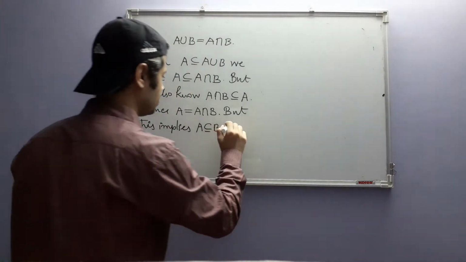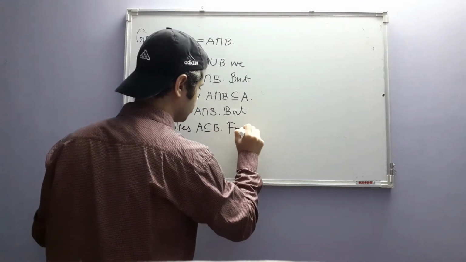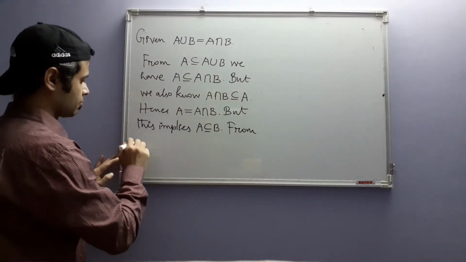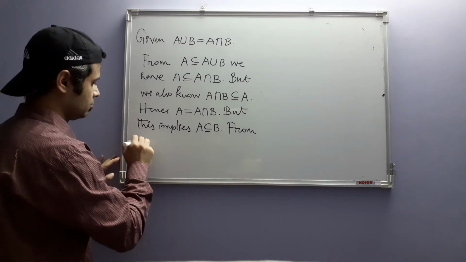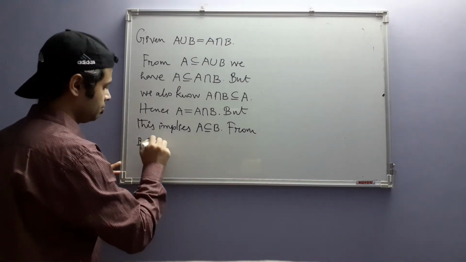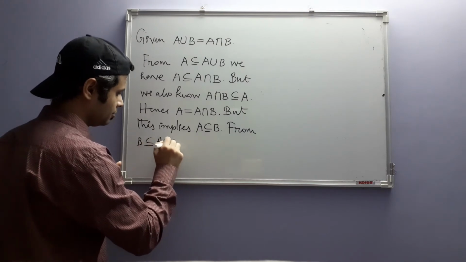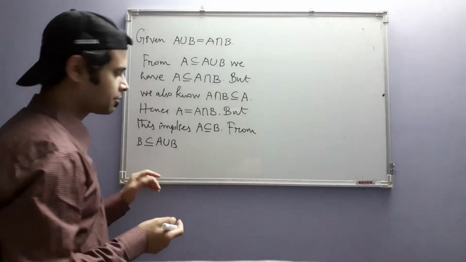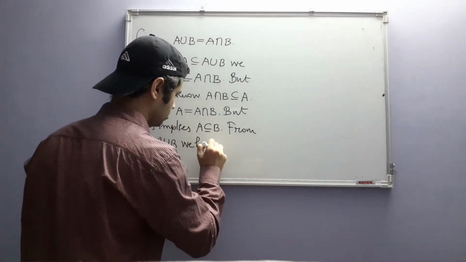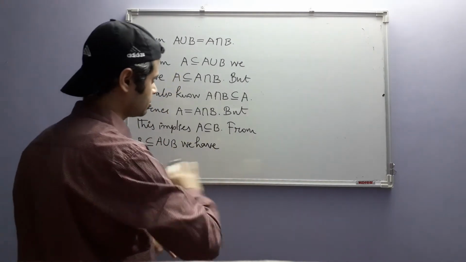So again we start from, okay, what should we do? Let me take B. B is a subset of A union B. B is also a subset of A union B. It will now go similarly.